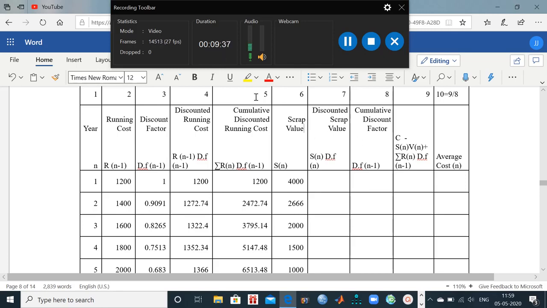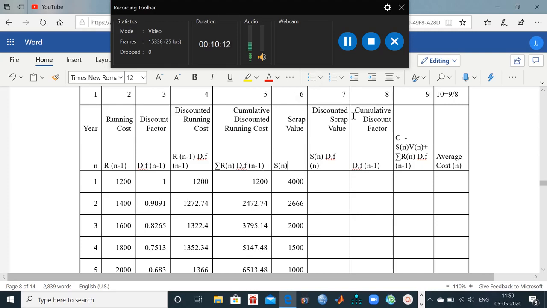Now 6A, as I told you, would be the discount factor for scrap value, and I also said the discount factor for scrap value is calculated based upon 1 divided by 1 plus r by 100 to the power of n, unlike n minus 1 that was used for running cost. So when we have 1 divided by 1 plus r by 100 to the power of n, the second year discount factor of the running cost would be the first year discount factor of the scrap value.